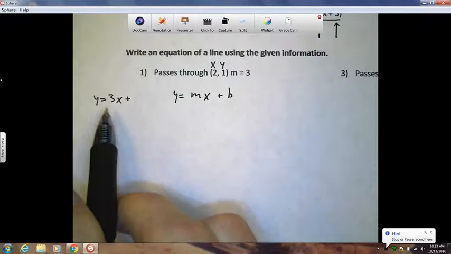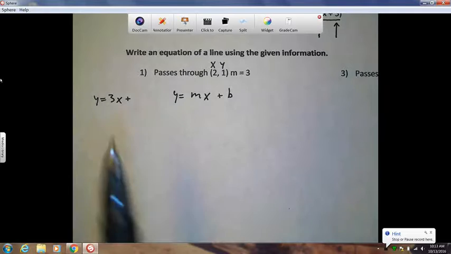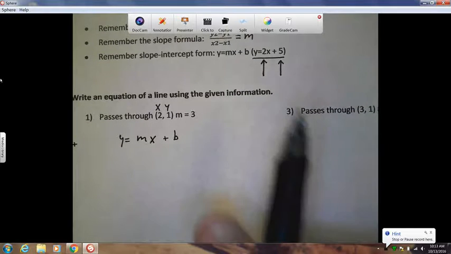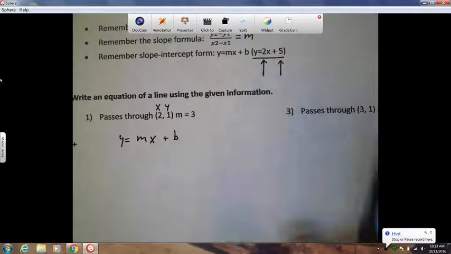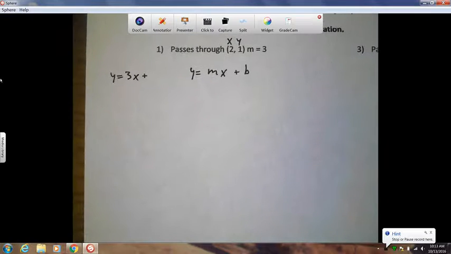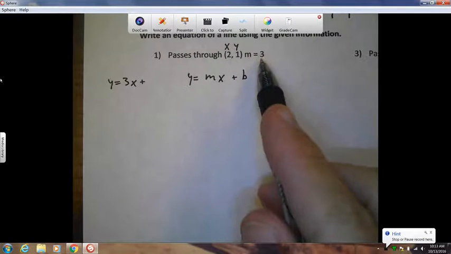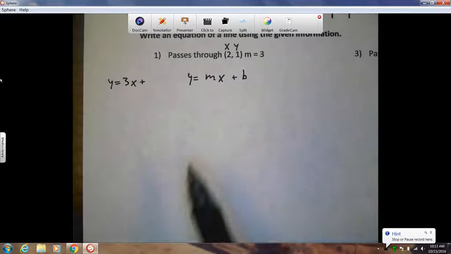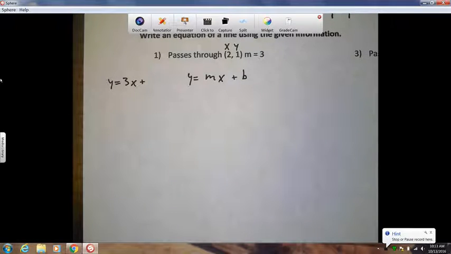Remember, there's two things you need to find. Slope and y-intercept. I already know the slope. Slope is 3, so I need to use that to find b, which is y-intercept. Okay, so all you need to do is substitute in your information.